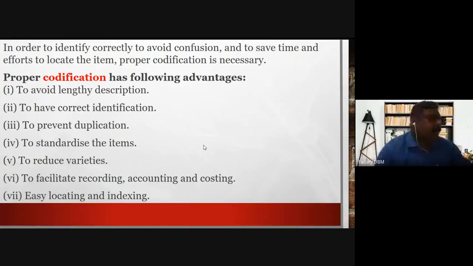I can show you this is an open reel. I can stop sharing. I am going to show you a product wherein they have given this code. I have a product.